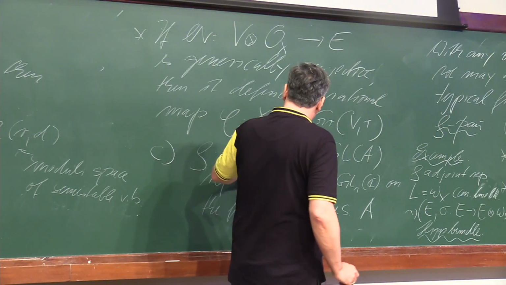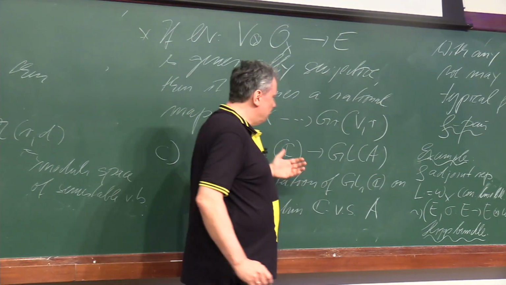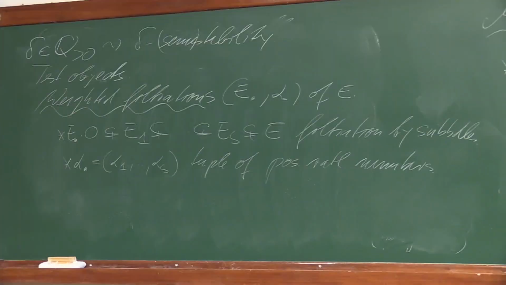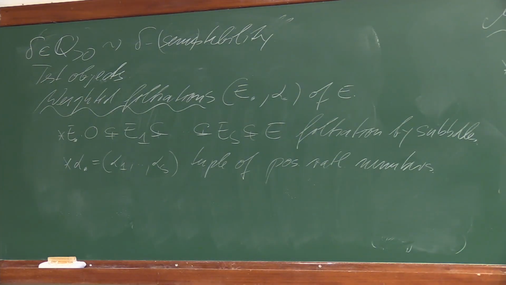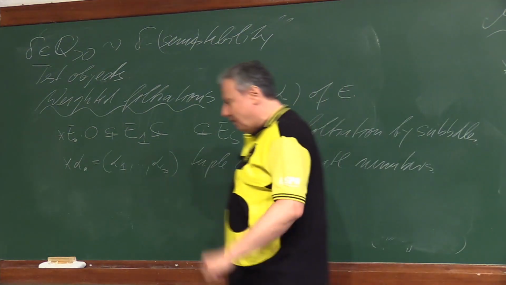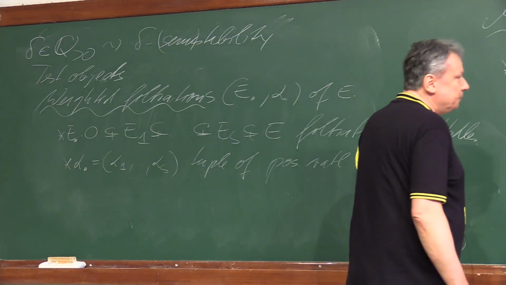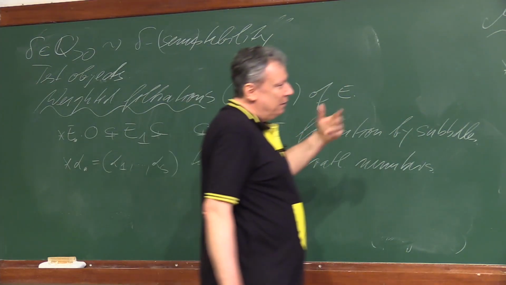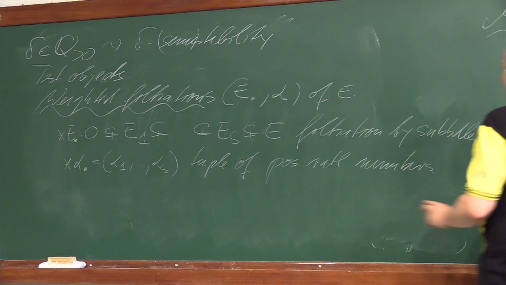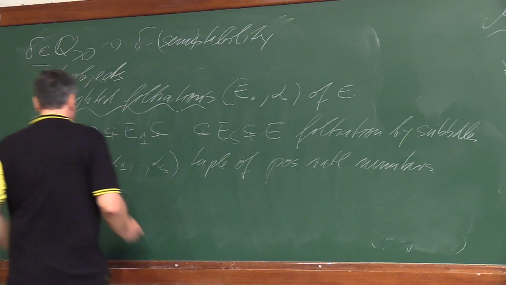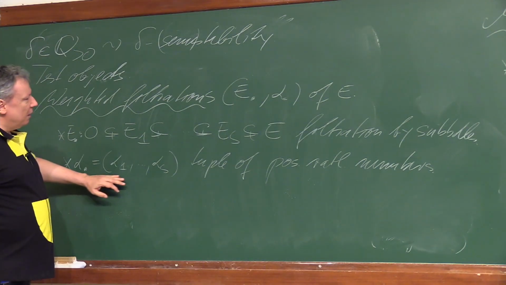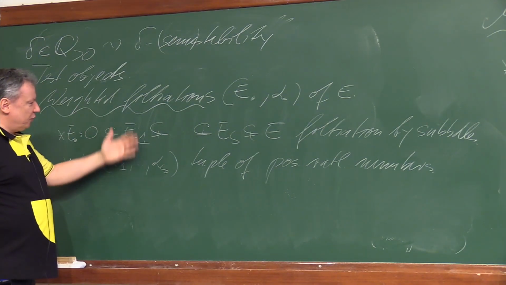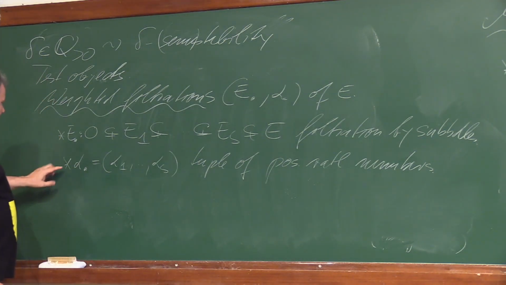If you look at the action of GL_R on A, given by this representation, you get some notion of semi-stability, and you test it with the Hilbert-Mumford criterion, which involves one-parameter subgroups of GL_R. Any one-parameter subgroup gives rise to such a weighted filtration. This is the essential datum you need to compute this Mumford mu.